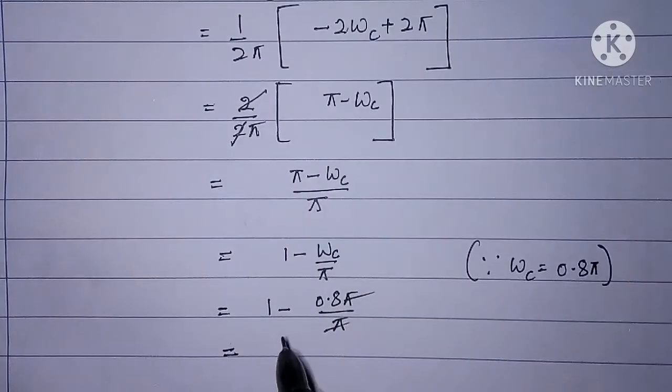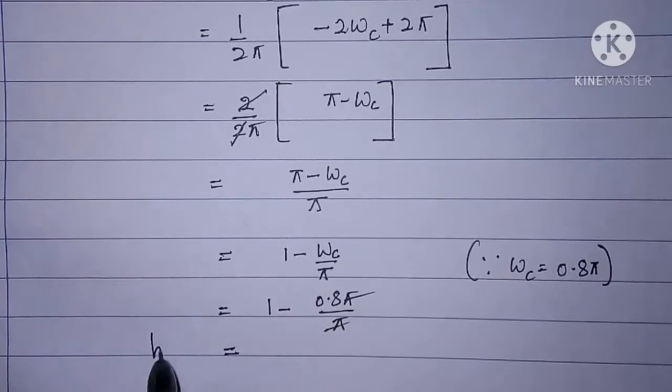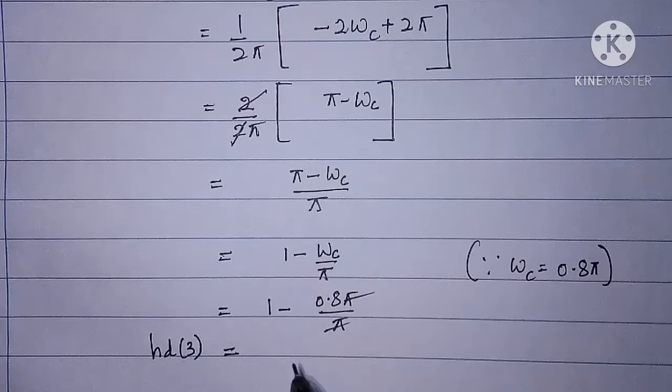We get HD of 3 equal to 1 minus 0.8, that is 0.2. Next we will calculate Hamming window sequence.